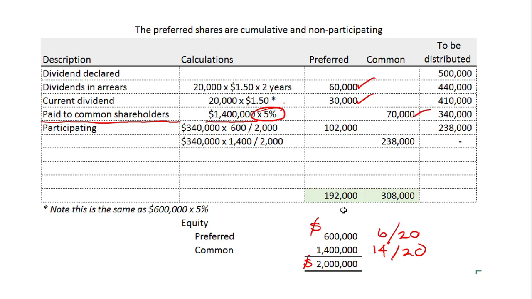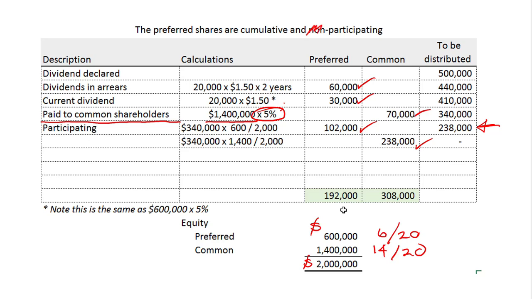It's not necessary. Here's the dollar amounts then. You'll notice, of course, that once you've done it for the preferred shareholders, the remaining amount, $238,000, is going to be paid out to the common shareholders. But I suggest that you do the math for each because it gives you an opportunity to catch any mistakes you might have made.